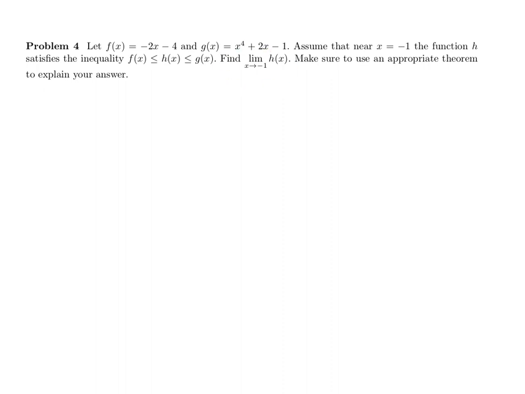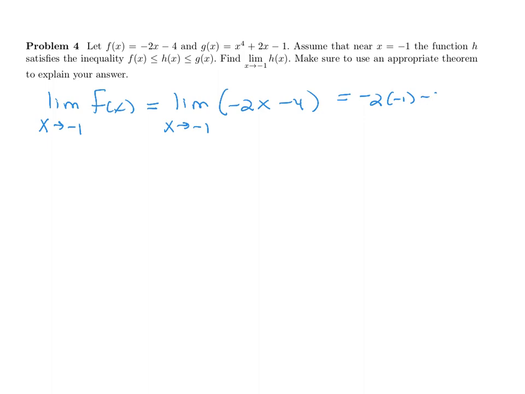So first of all, let's look at the limit as x approaches -1 of the function f of x. Now, what is this equal to? Since the function f of x is equal to -2x minus 4, which is a line, by direct substitution, we can put -1 in place of x to figure out the value of the limit. It's this. -2 times -1 minus 4. This is equal to -2.